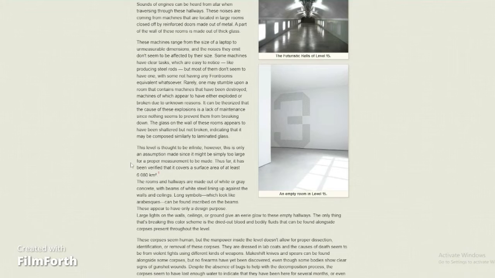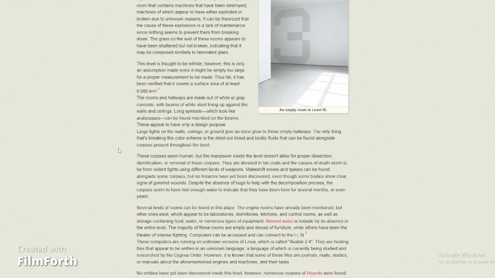The rooms and hallways are made out of a white or gray concrete, with beams of white steel lining up against the walls and ceilings. Long symbols which look like arabesques can be found inscribed on the beams.